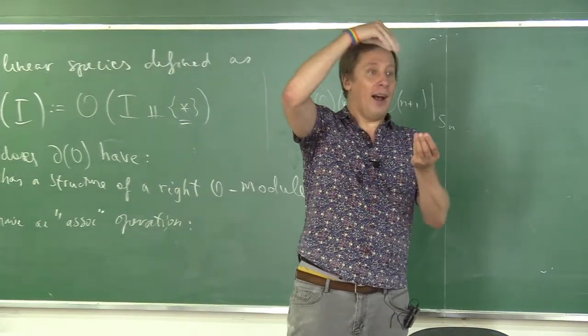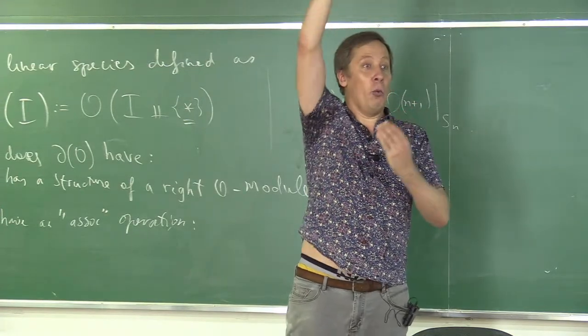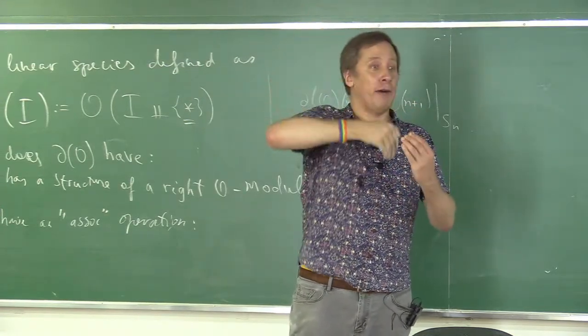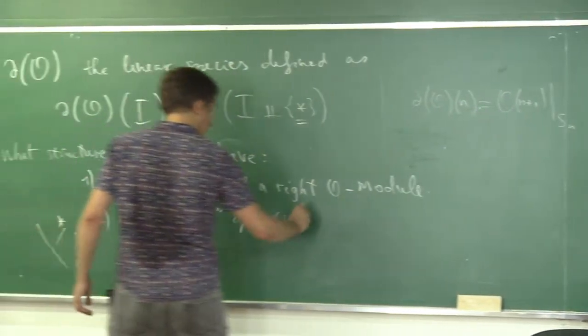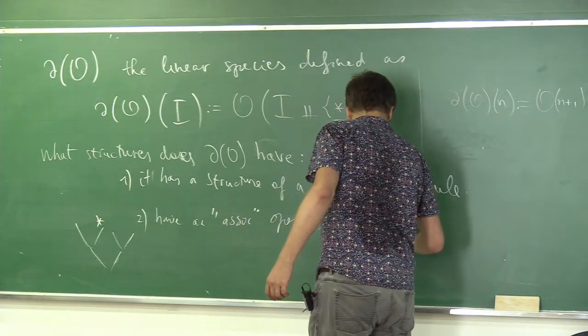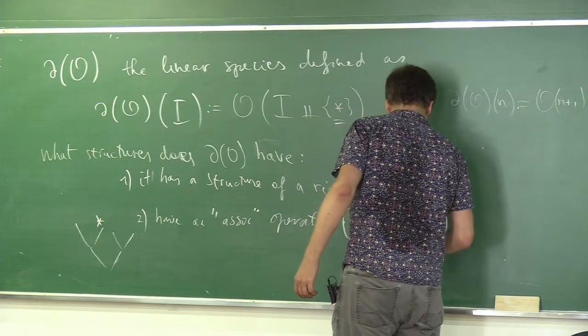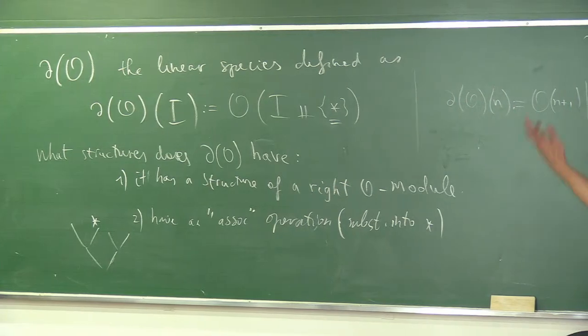Substitutions like that are just substitutions one on top of another, so it's really some kind of associative operation in the very literal way: substitution into this star argument.